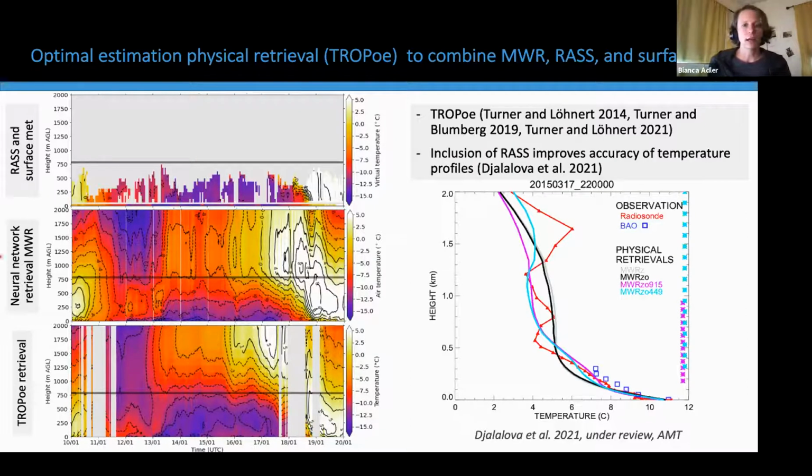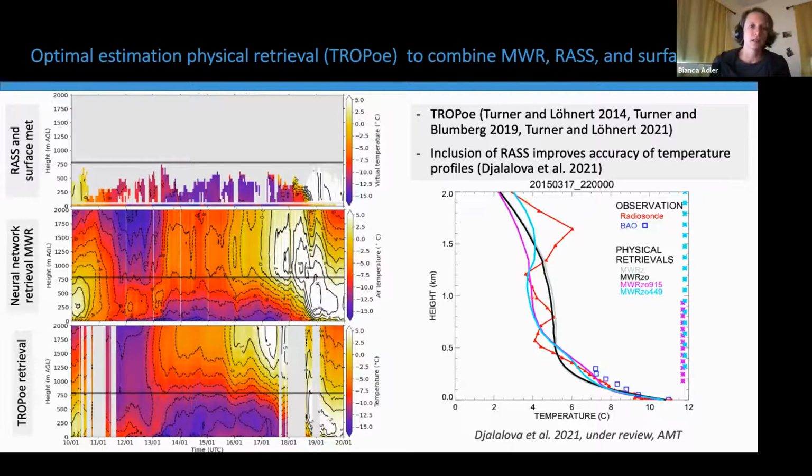So Djalalova et al. compared this inclusion of RASS, like the impact it has on temperature profiles in more detail and more systematically, and they found that by including this RASS data in the retrieval, the profiles fit much better to radiosonde data, and the bias was reduced by 10 to 20% in the lower 3 kilometers. And this here is just an example of a profile when an elevated inversion was present.